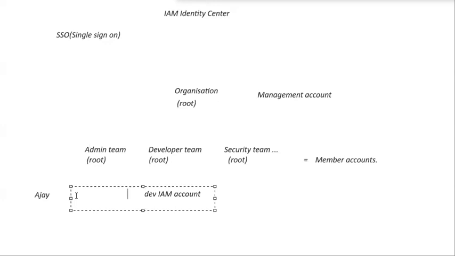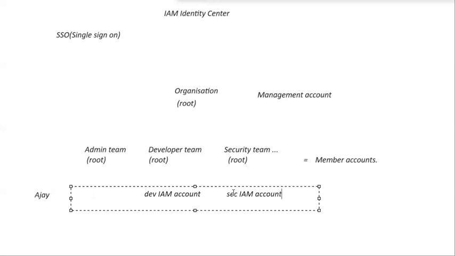Since Ajay needs to maintain the development team as well as the security team, I want to provide these two. Let's say development IAM account I need to provide, and for the security team I need to provide security IAM account, right?